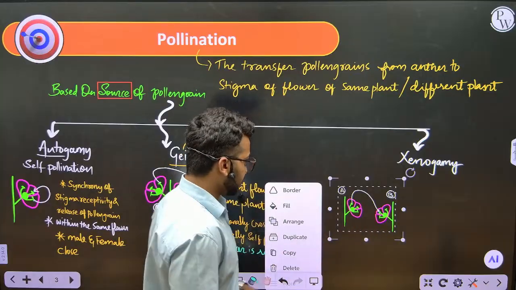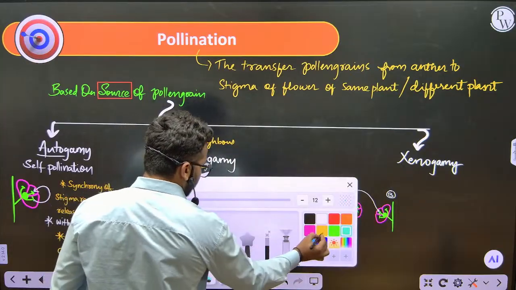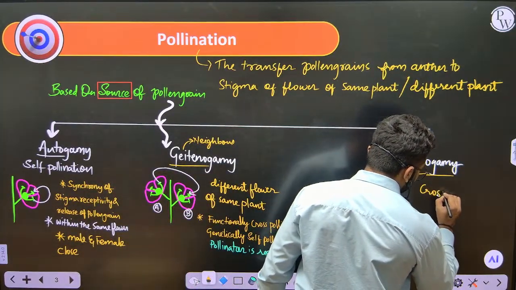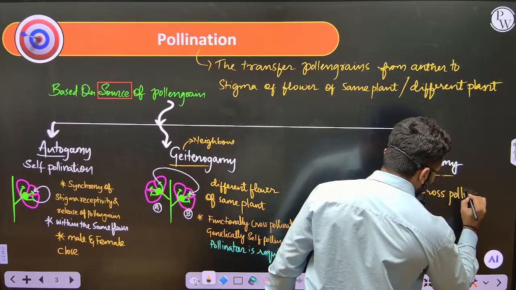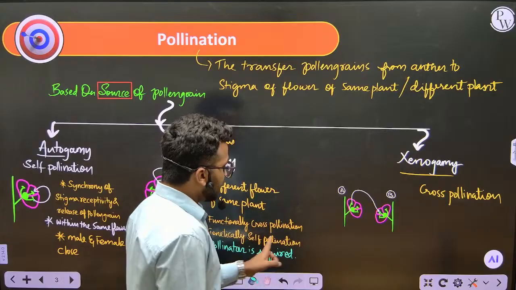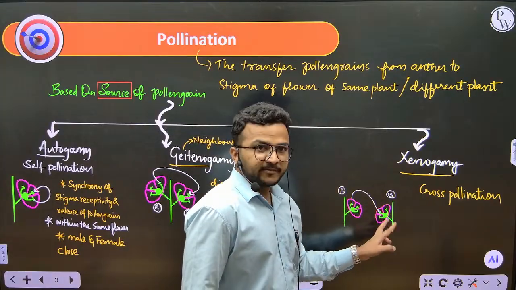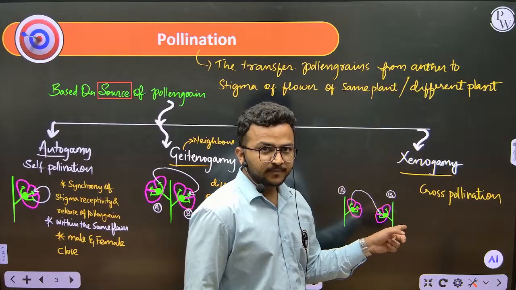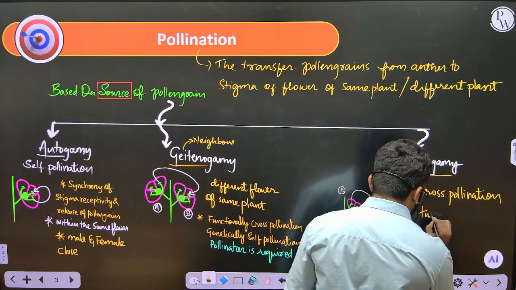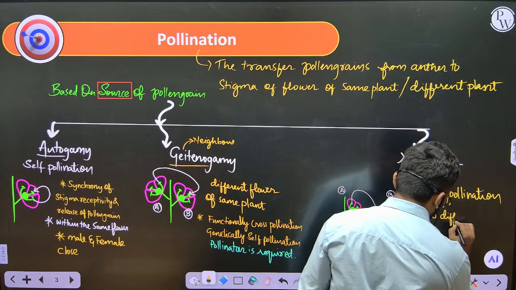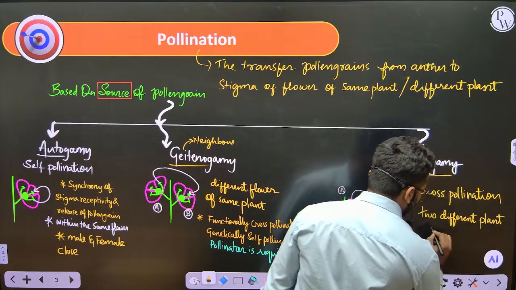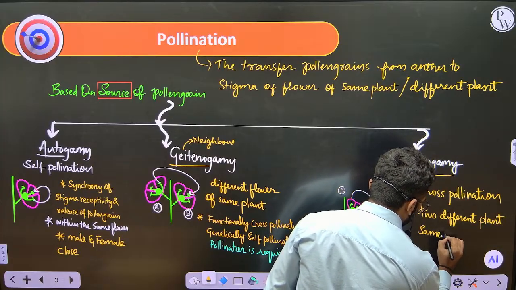The special thing about xenogamy is that it is pure cross pollination, where it requires two different plants of the same species. That is the condition you need to remember: two different plants of the same species.